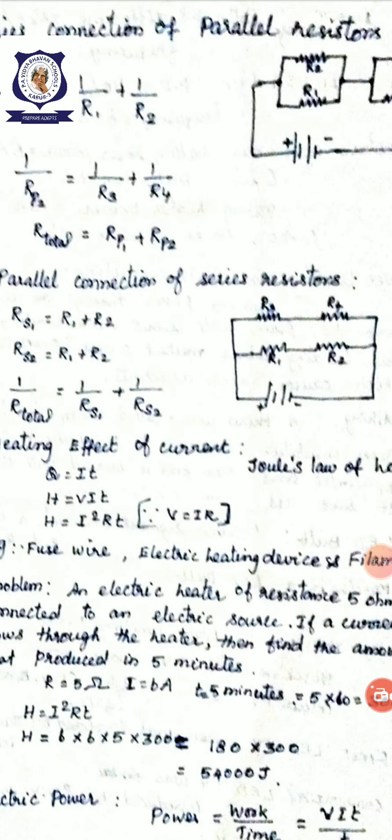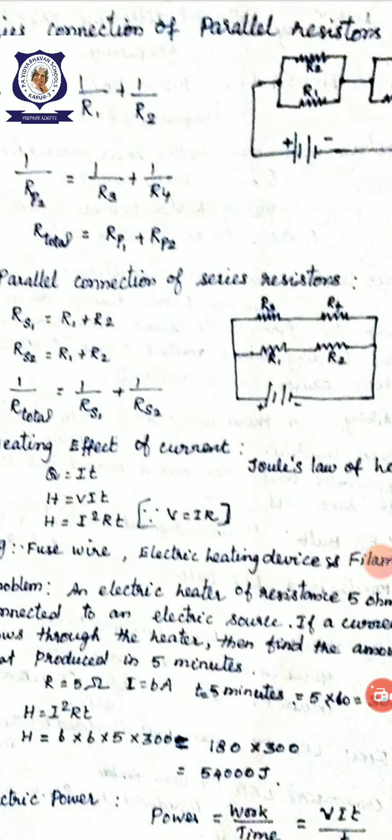Wrongly I have written it as R1 plus R2, but it is R3 plus R4. Both are connected in parallel, so 1 by R total is equal to 1 by RS1 plus 1 by RS2.